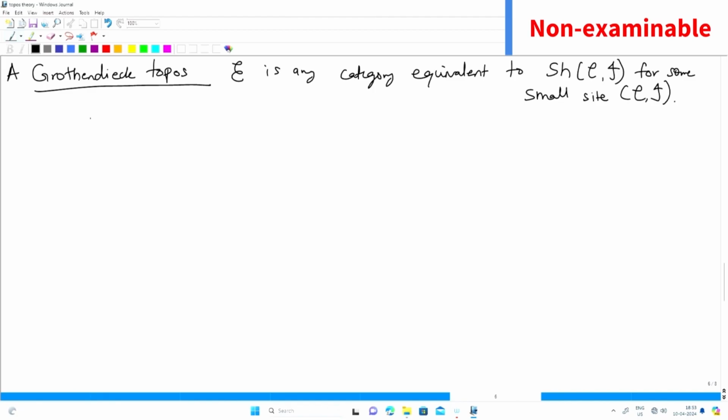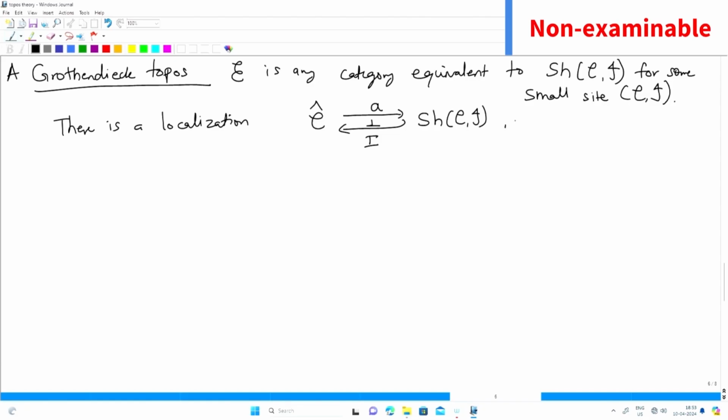Some properties: obviously there is a localization functor. So you take pre-sheaves C hat and sheaves C_J. This is a reflection, obviously. Reflection means the inclusion has a left adjoint.